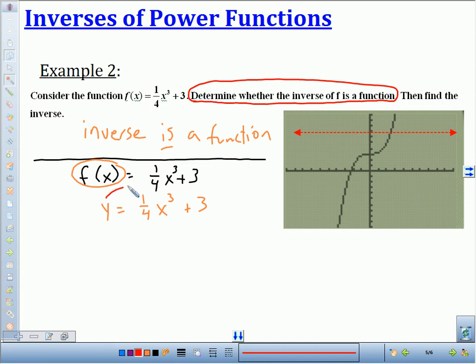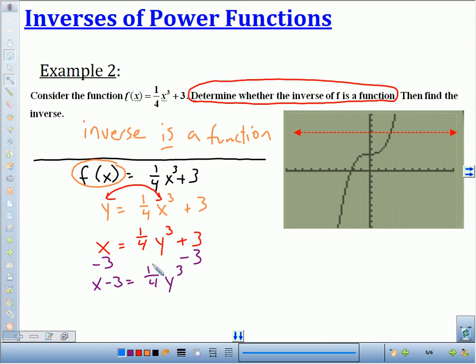We switch x and y. Notice these are all exactly the same steps. So x equals 1/4 y to the third plus 3. And we solve the equation. Subtract 3 from both sides. We get x minus 3 equals 1/4 y to the third.